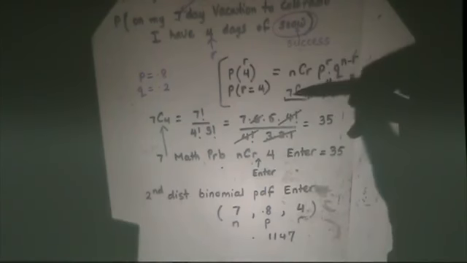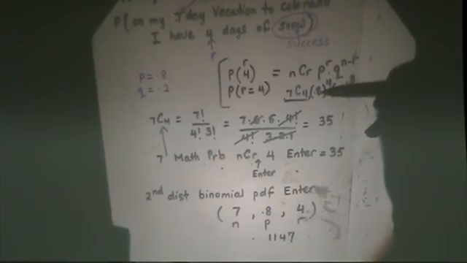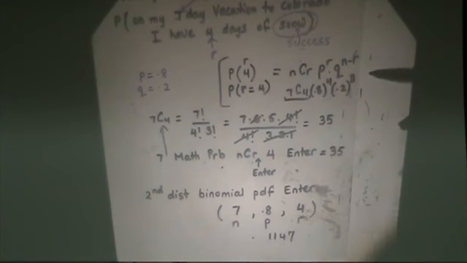I get 0.1147. Do you get that? Let's check that against 35 times 0.8 to the 4th times 0.2 to the 3rd, just to make sure it works. And I get 0.1147. So it's all good. Get it?